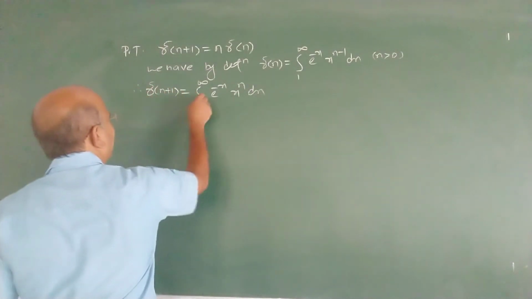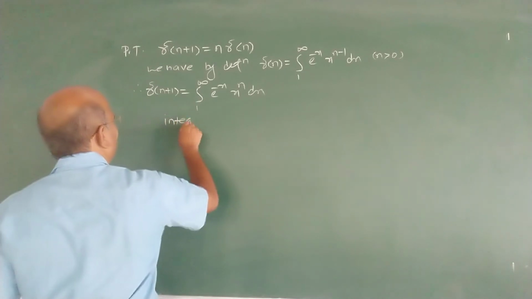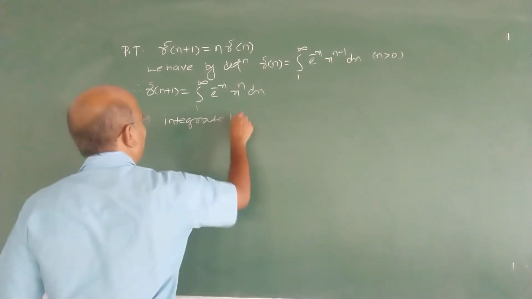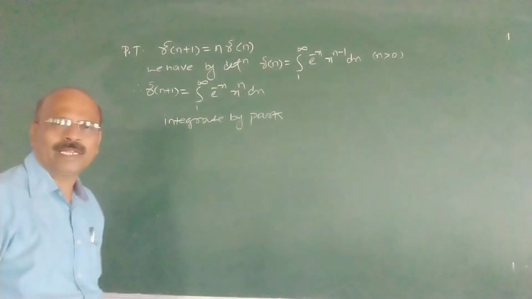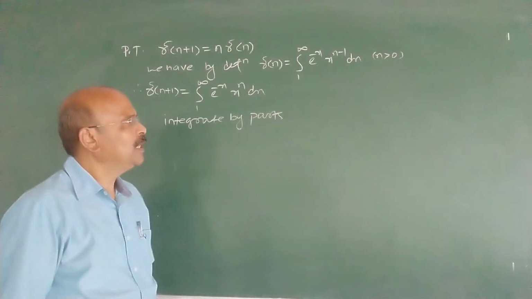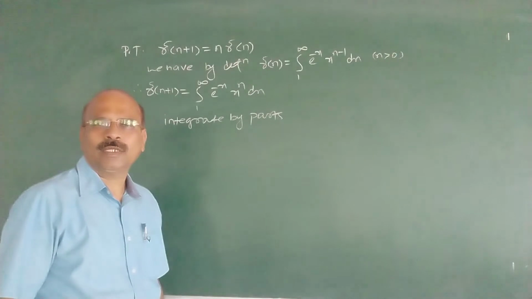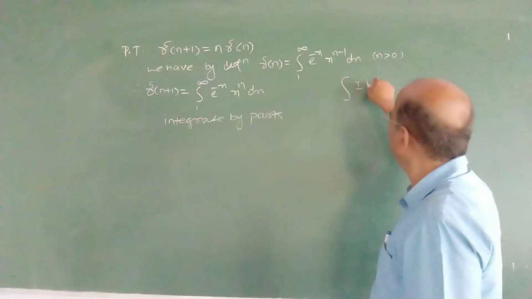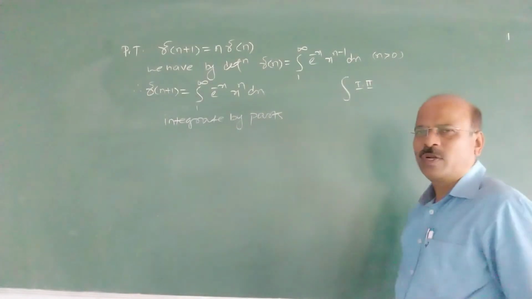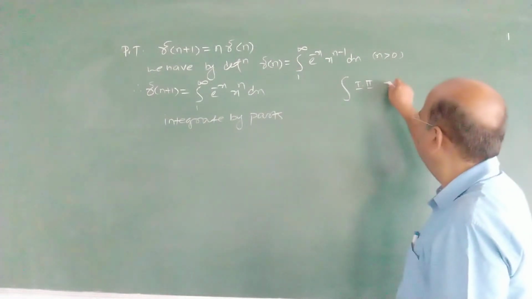Now, we integrate the right hand side by parts. You have studied the rule of integration by parts. By parts means when there is a product of two functions, we apply integration by parts. What does integration by parts say? Suppose there is a product of two functions, first and second function.